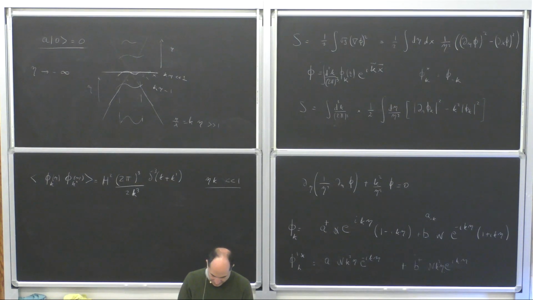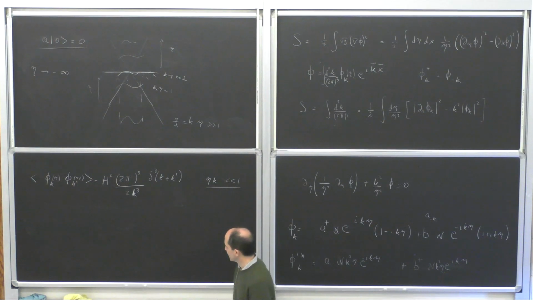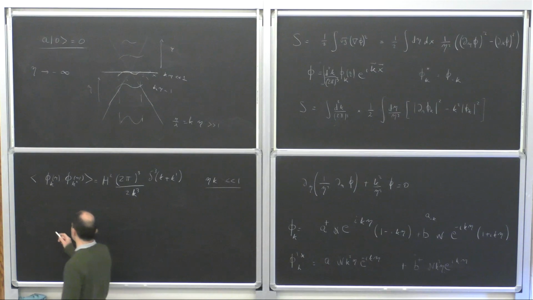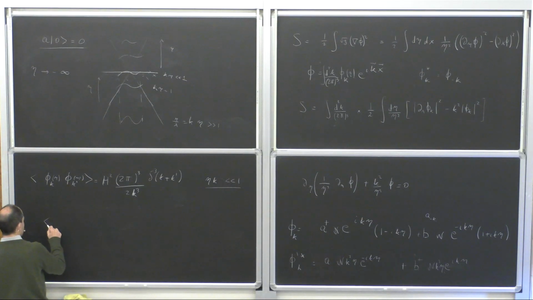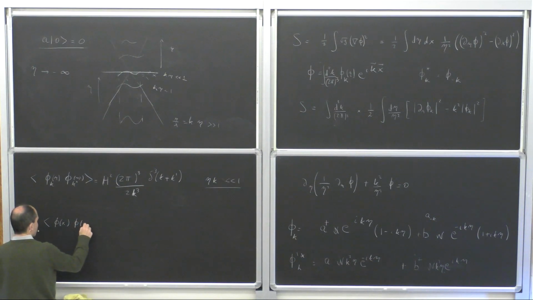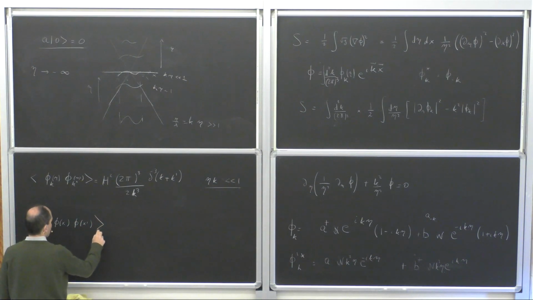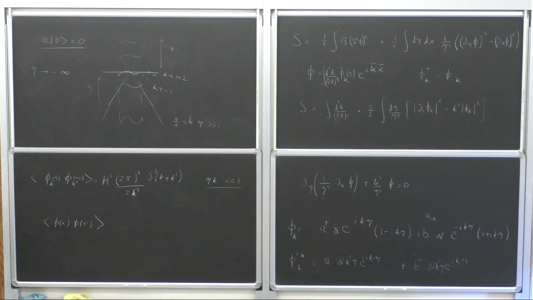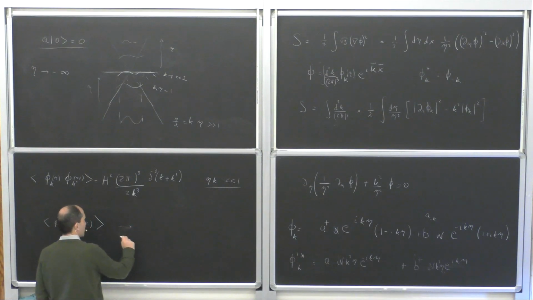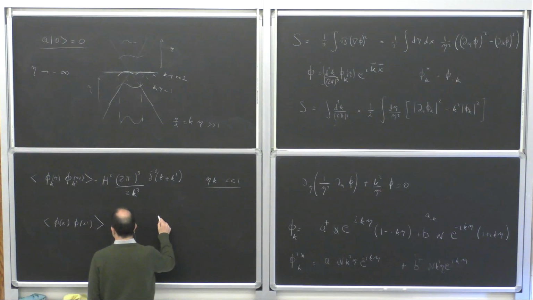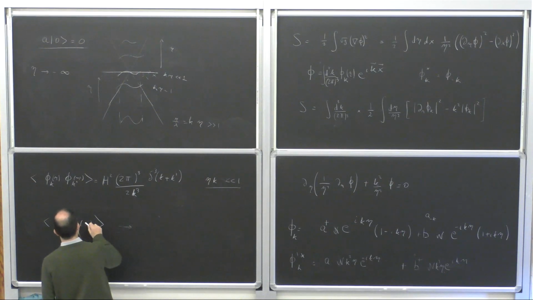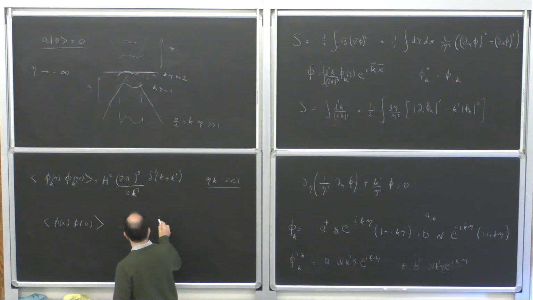Okay, so now we can go back to position space. We could ask what this answer is in position space, phi of x and phi of x prime. And when we do that, we will encounter an integral. It will be translation invariant, so let me put one point at 0.